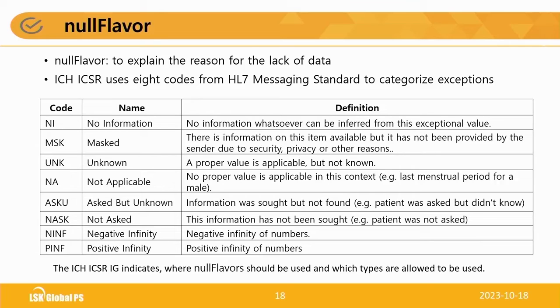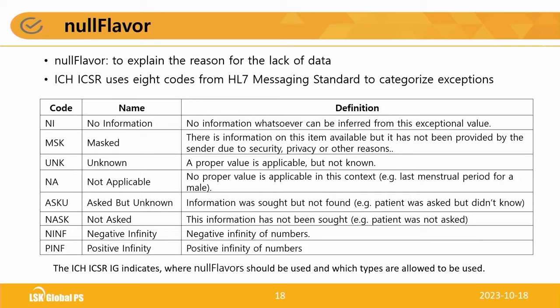And for example, in Europe, because of privacy reasons, some data might have to be masked. And there might be some unknown data and NA, not applicable. So no proper value is applicable in this context. For example, when you're asking last menstrual period for a male, then it's not applicable. Asked but unknown is another code, and then not asked, this information has not been sought.